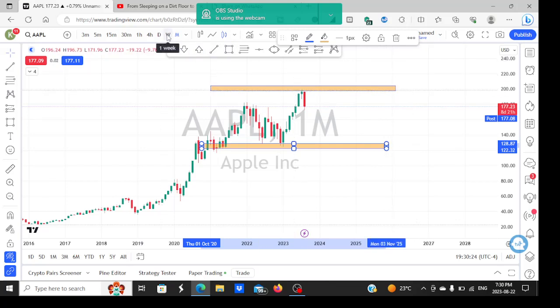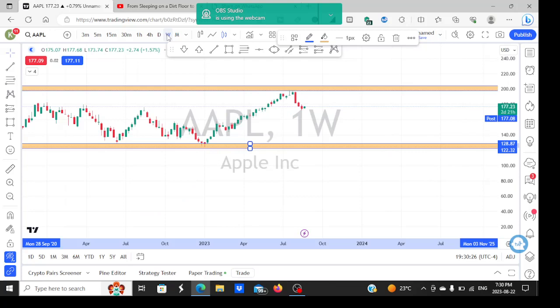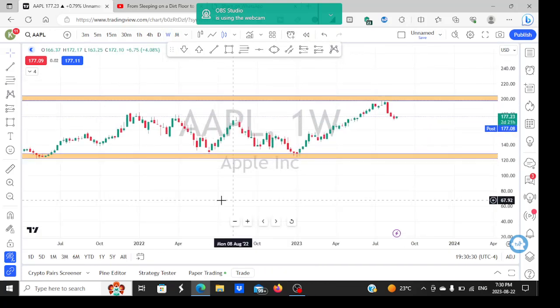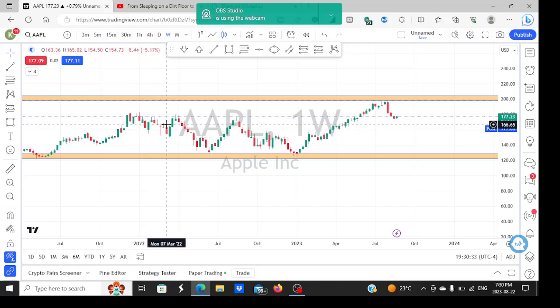We can move down to our weekly charts, and in our weekly chart we see where the stock has been up, come down, hit this same monthly level, go back up, come back down to that monthly level. Now it's up to the high of the monthly level zone, and now it's coming back down.